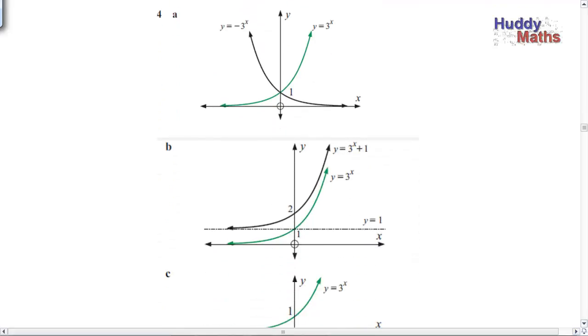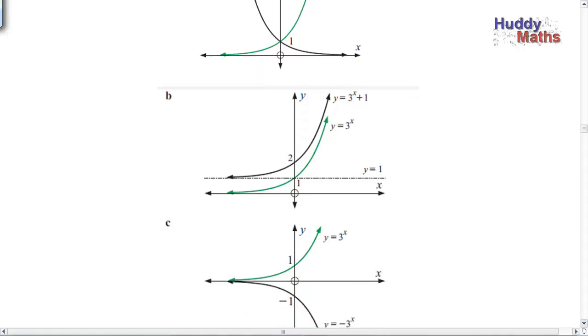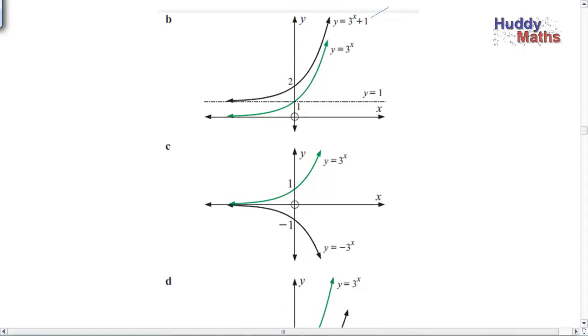Question 4. 3 to the x, and you multiply it by negative. So all the values have gone over there. A reflection in the y-axis. Study them carefully. 3 to the x plus 1 has been moved up 1. New asymptote.